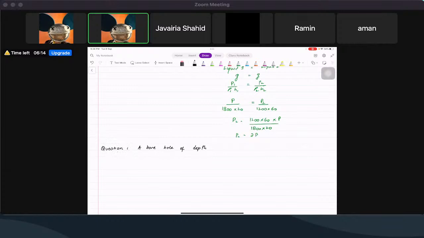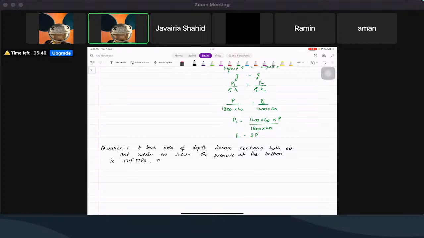Question: a borehole of depth 2000 meter contains both oil and water as shown. The pressure at the bottom is 17.5 megapascals.